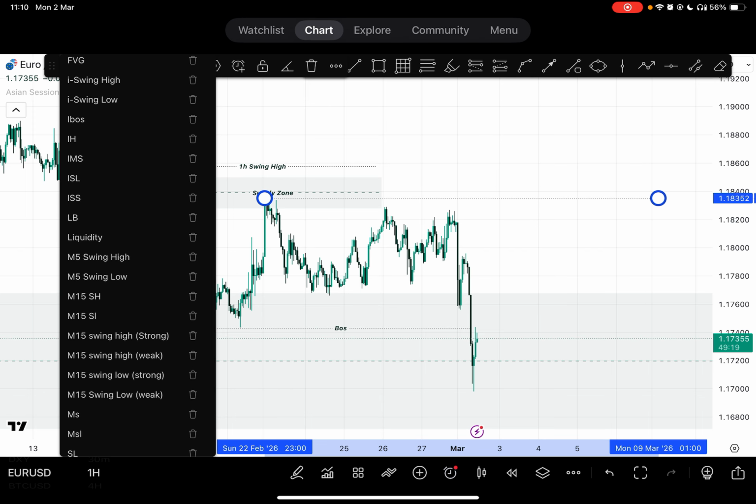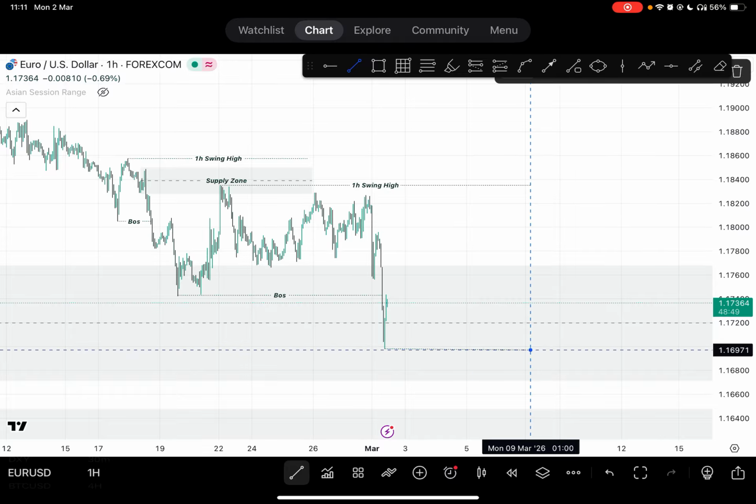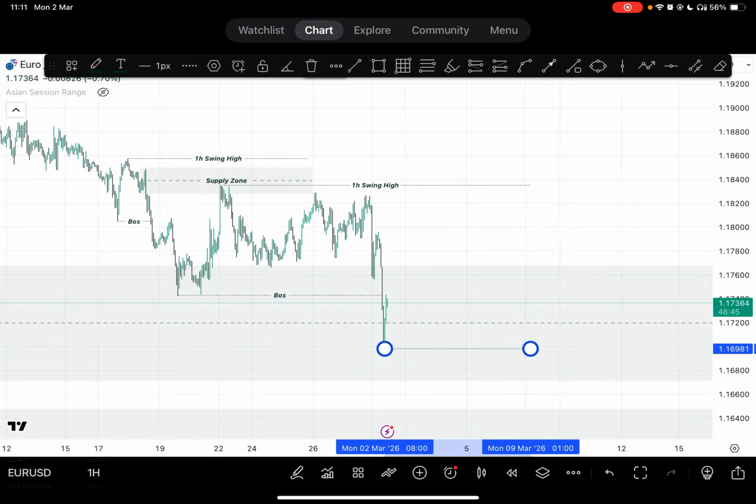This is the next 1 hour swing high we have there, and then we have this low. Price made this low, and this could be where the pullback starts happening. This is the lowest low that price gets to before we start seeing that bullish move to the upside, right?